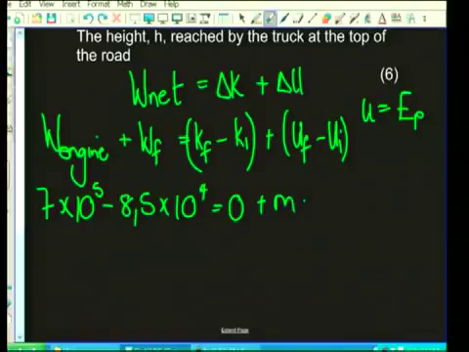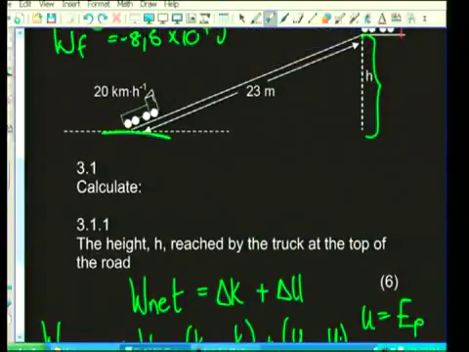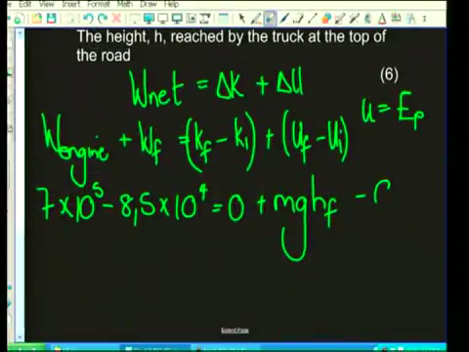Final potential is what we're actually looking for, so that's mgh. Initial potential doesn't have any height. So what's the initial potential energy if we look at the equation mgh? 0. So minus 0.